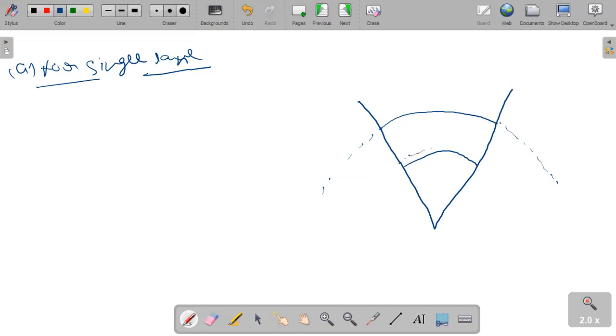Let's draw a dotted line from here and another dotted line from here.